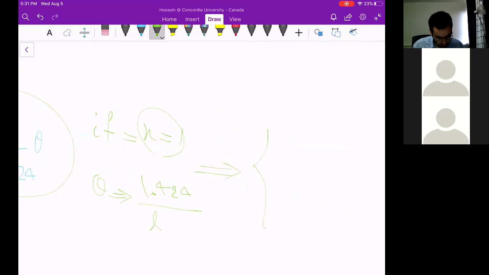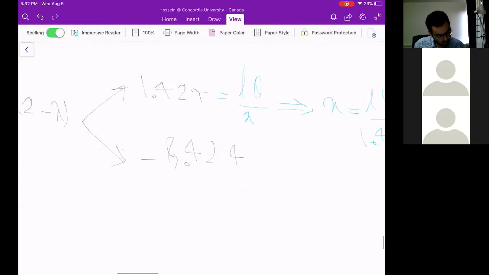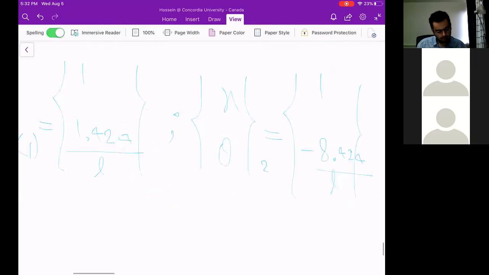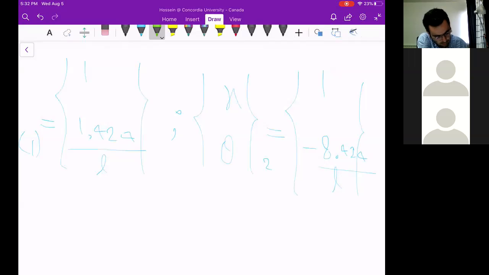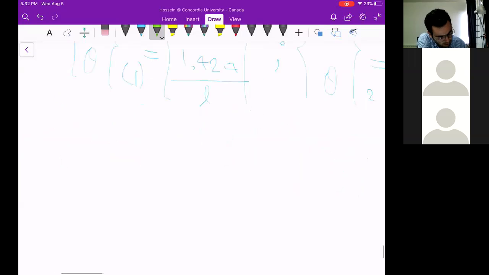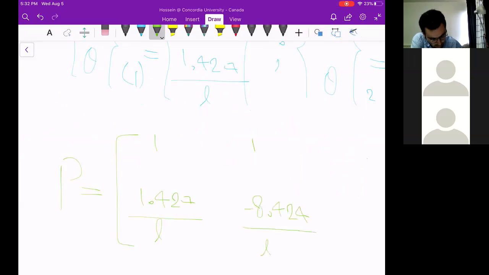So make one of them 1 and try to find the other one, and similarly for the second one. As soon as you obtain the mode shape, just easily construct the modal matrix P. Just insert here 1 over 1.424 L, 1 minus 8.424 over L.